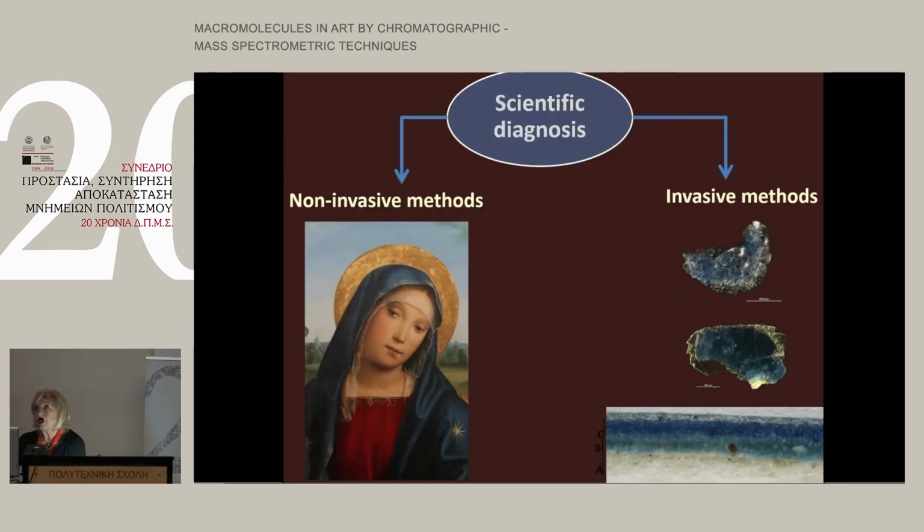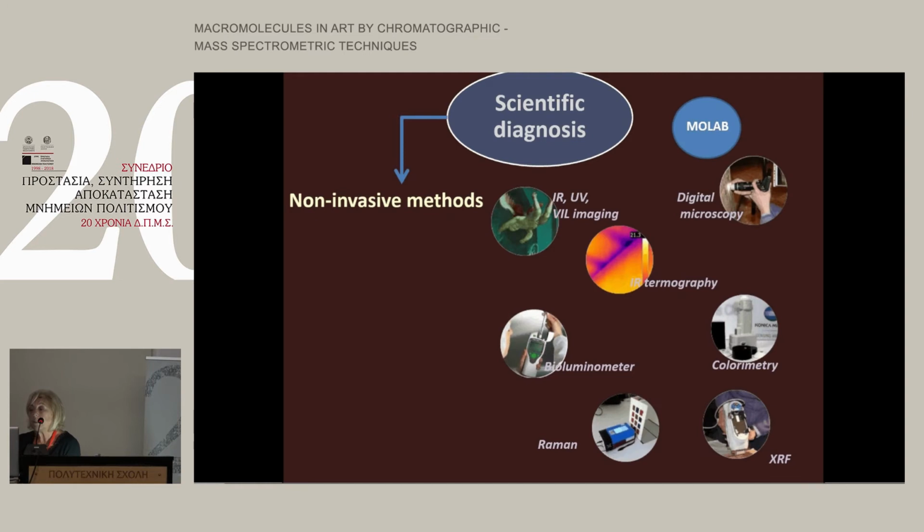Well, what to do in this field? At first, we need, as scientists, to make some diagnosis. As you know, we can have non-invasive methods and invasive methods. When you are looking at a painting, at first you have to use non-invasive methods, because in this case you can apply a lot of portable instrumentation.